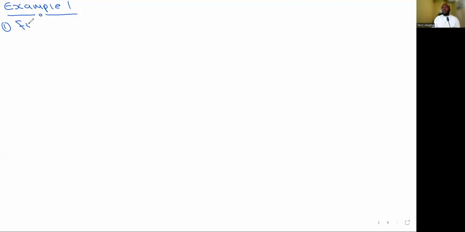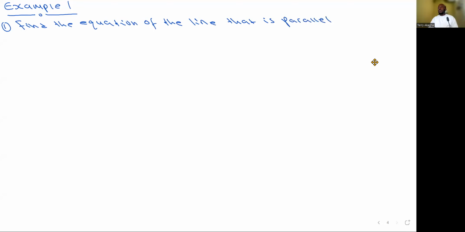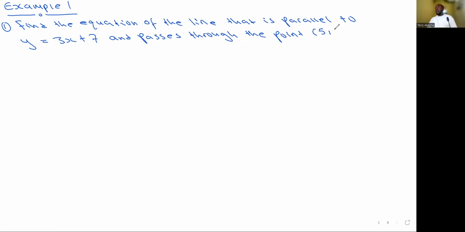So let's just say we have: find the equation of a line that is parallel to y = 3x + 7 and passes through the point (5, 4).